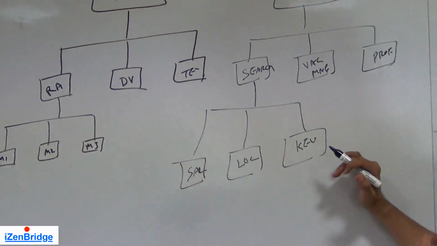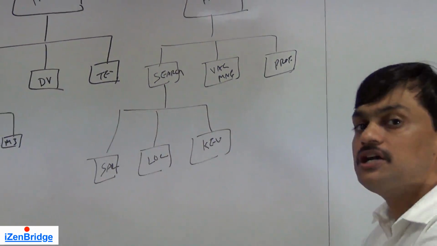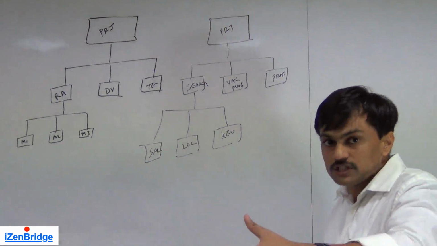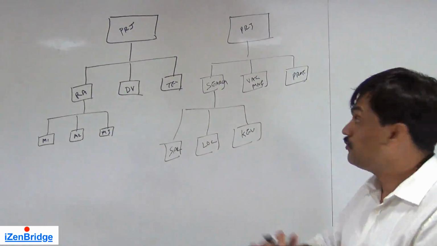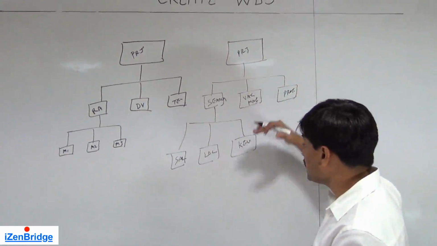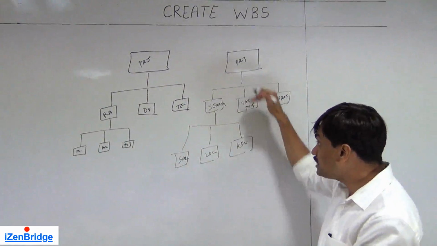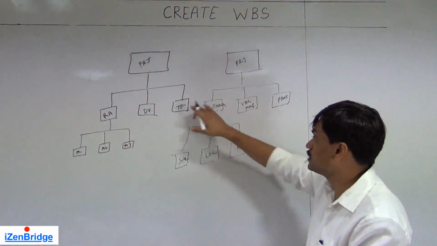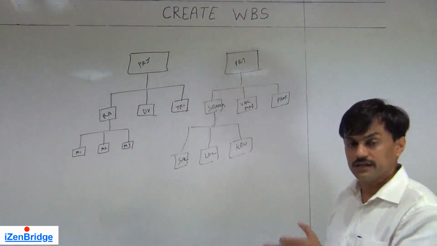So this WBS is decomposed. Both are decomposing the complete project scope statement into small manageable components, and there will be a hierarchy of decomposition. We talk about first level, second level, third level, and further decomposition can happen. Here we have decomposed on the basis of features or deliverables. We may deliver search first, then vacancy management, then profile creation, or vice versa.